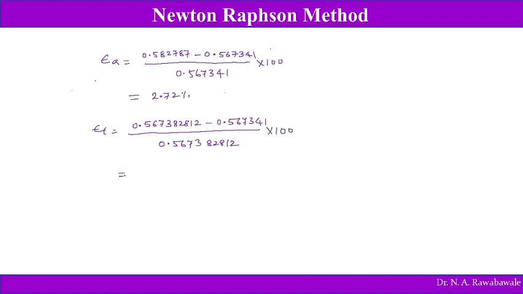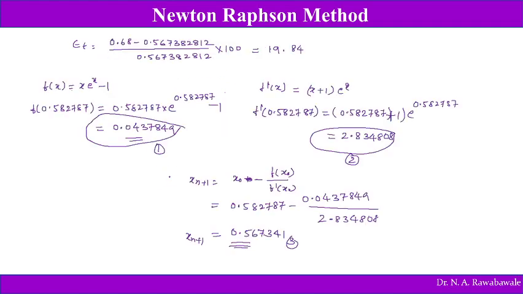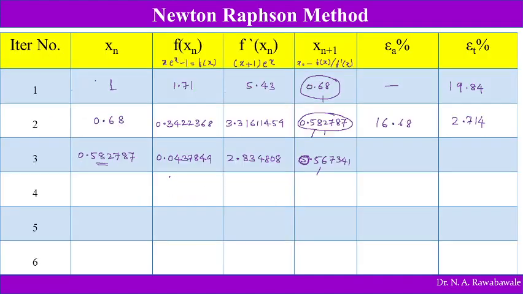So true error becomes 0.007%, which is less than 0.5%. So coming back to this table, here we can write approximate error is 2.72%, whereas true error is 0.007%. So this has reduced considerably. Therefore, we can stop here, and this we can call as the root of the equation.